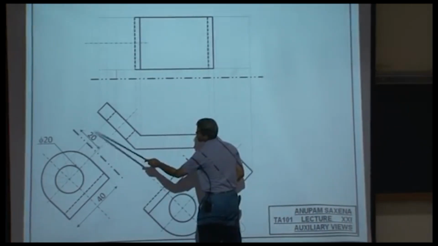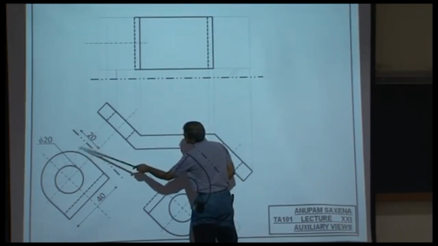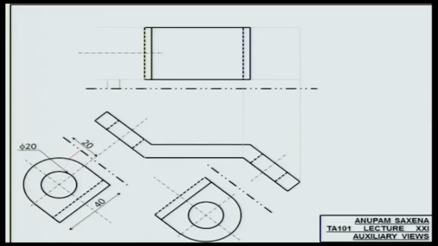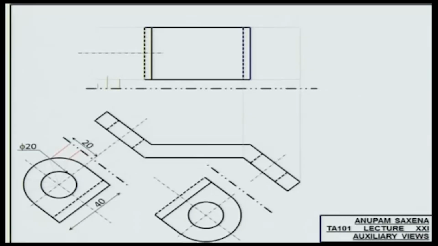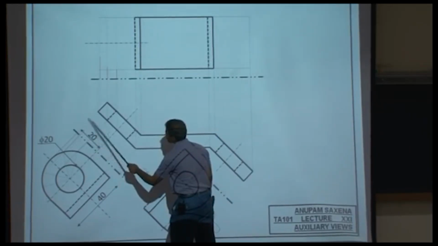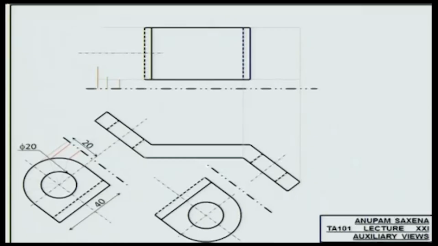Get this distance. Now this point lies on this vertical projection, this one. Measure that. Get that distance. This one lies over here. Measure that. Get this distance from here to here. This one lies over here. Measure that. Straightforward.